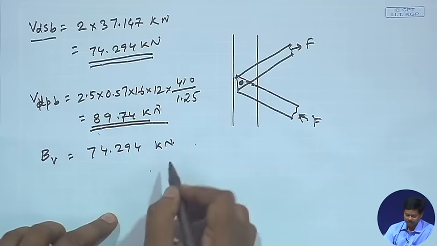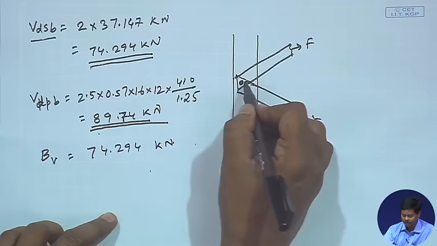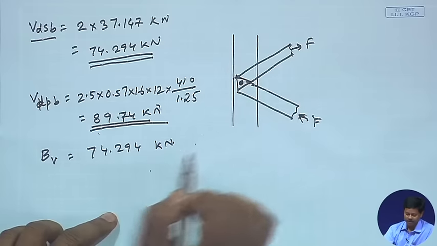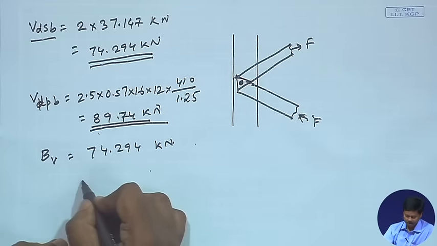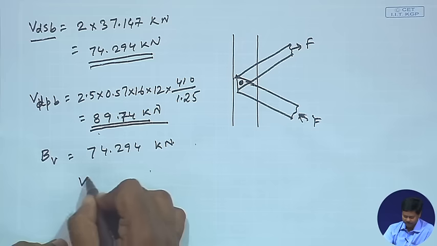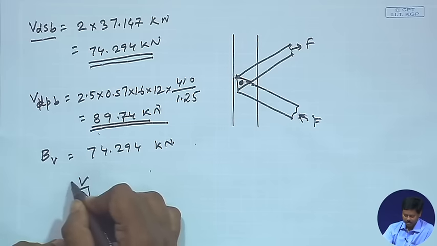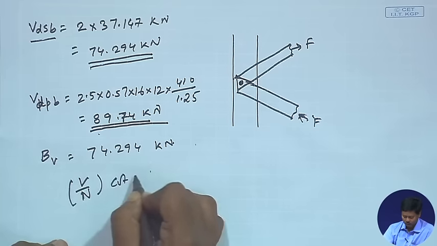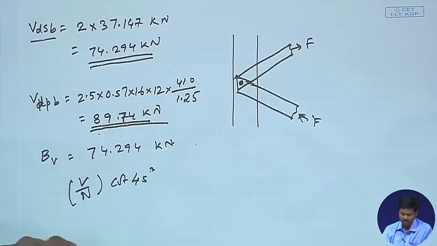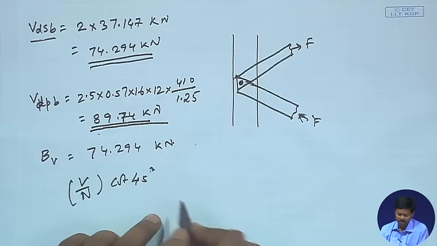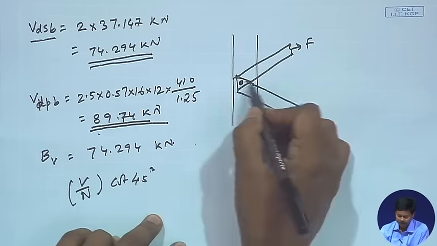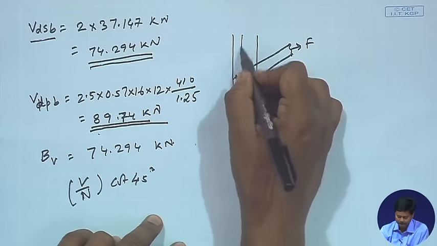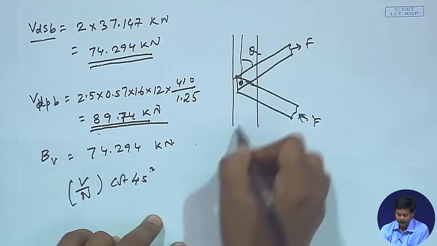So, here we can see what will be the resultant force acting on the bolt. We can find out the resulting force will be V by N, right, into cot 45 degree. How are we getting this? Because you see, if we resolve, this is theta, right.